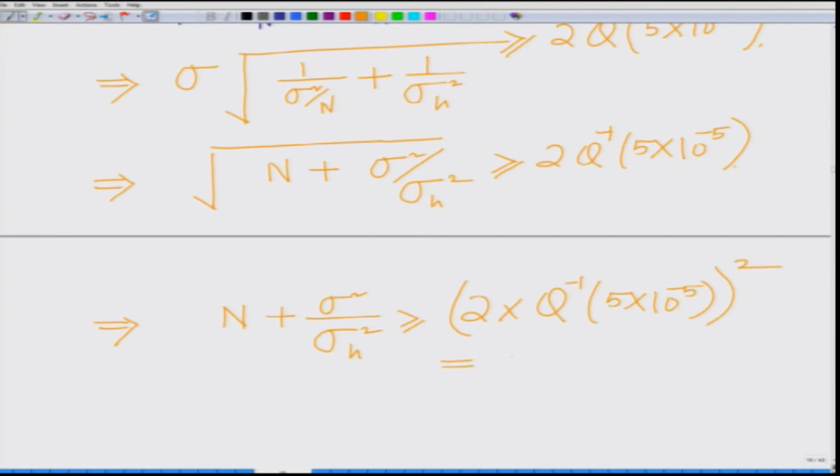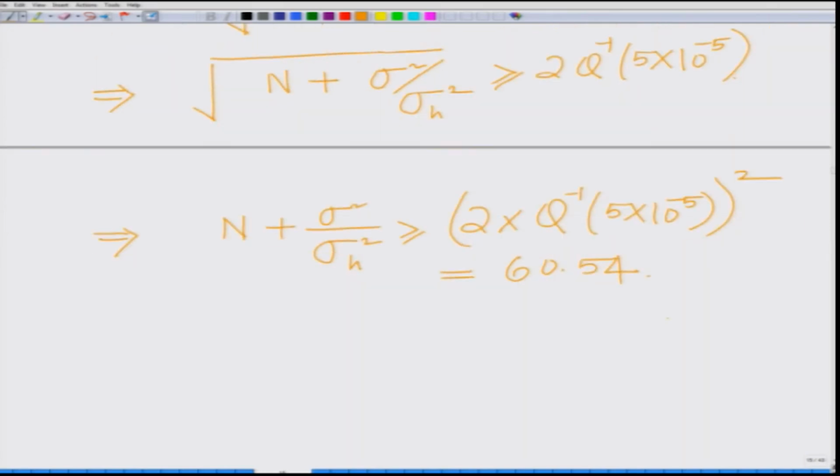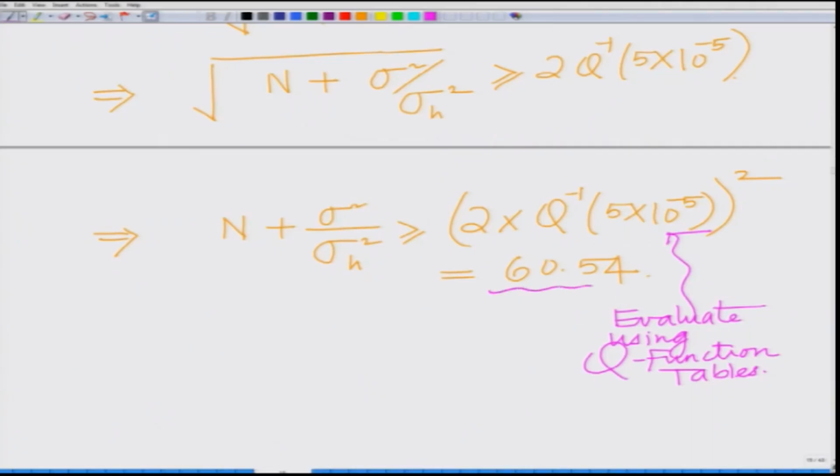You can evaluate this using either a computer or the Q function tables. You can use MATLAB or a Q function table, that is printed values of the Q function for various values of the argument, to evaluate this constant, and that will be 60.54.